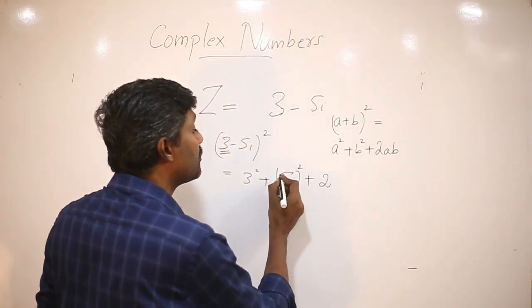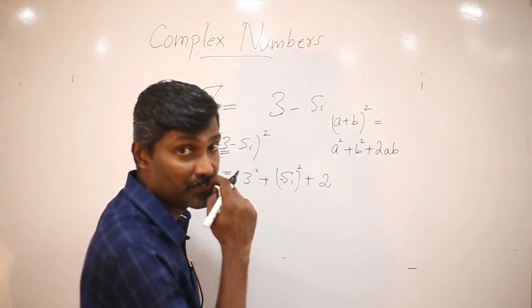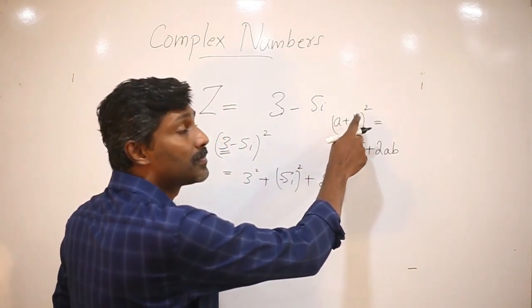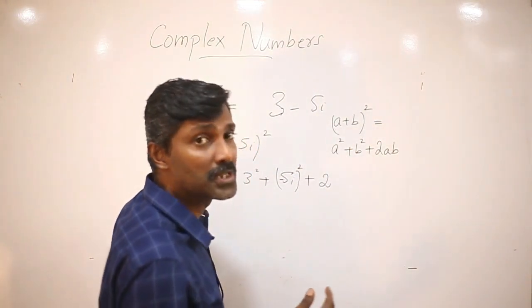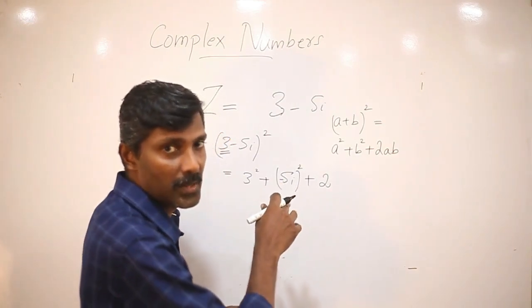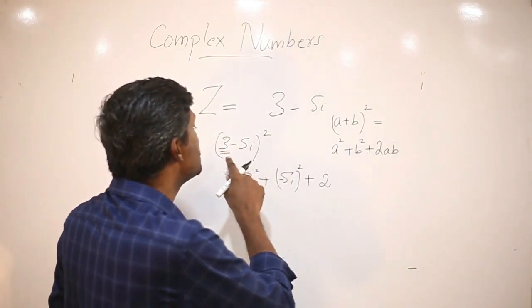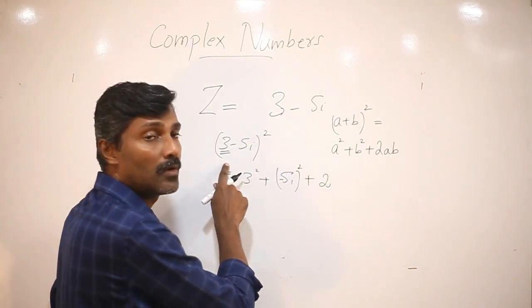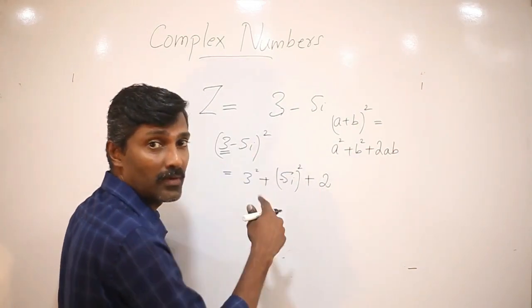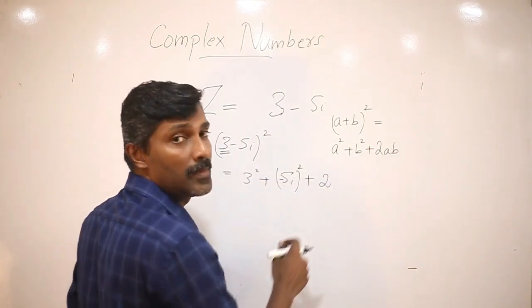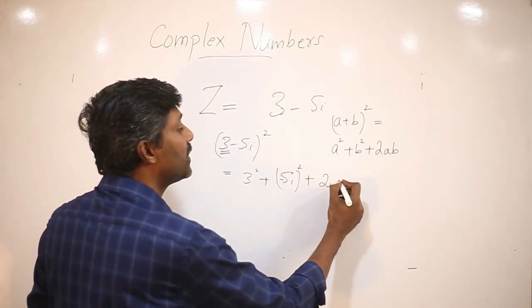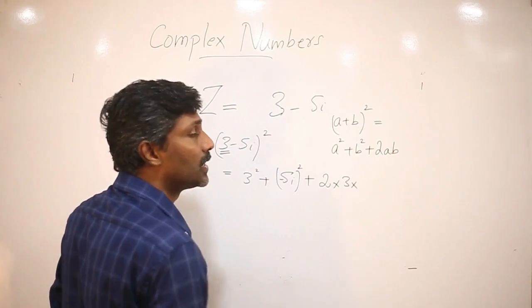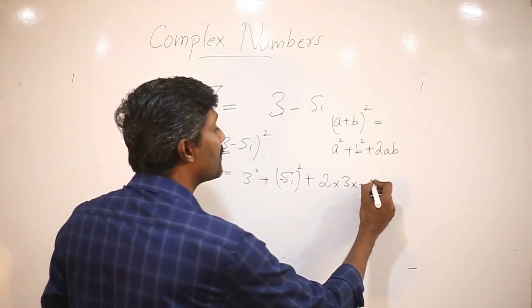Yeah, actually I have to write minus 5i here because b is minus 5i, okay. I have applied a plus b the whole square. You can also use a minus b the whole square, but I have used a plus b here. So, here a is 3 and b is minus 5i. So, a square is 3 square, b square is minus 5i the whole square, and 2ab means 2 into a, which is 3, and here b is minus 5i.